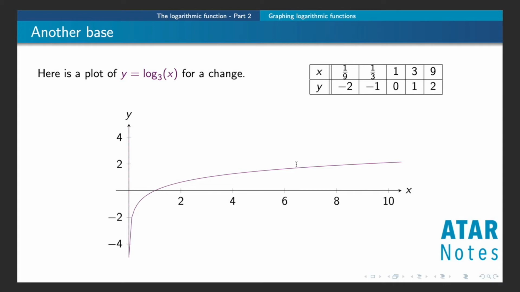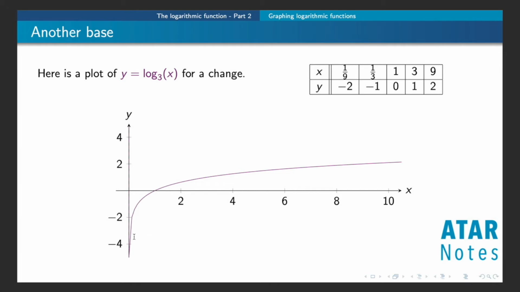Before I talk about the other dilation, about the x-axis, my jargon is not going well tonight. You may also be given a question like this one. This is a graph of y equals log base 3 of x instead, and notice how the table of values has now changed as well.